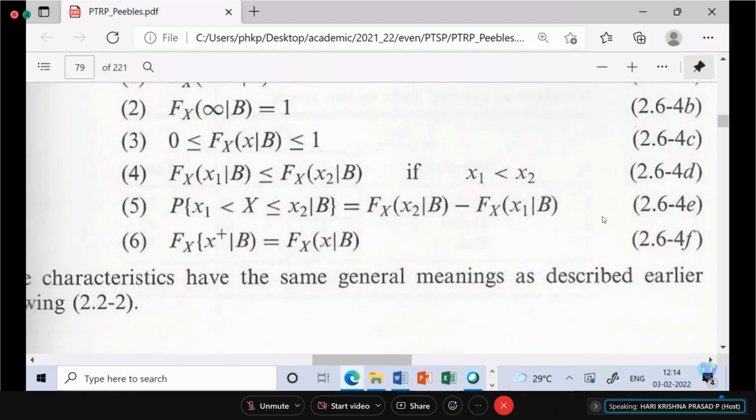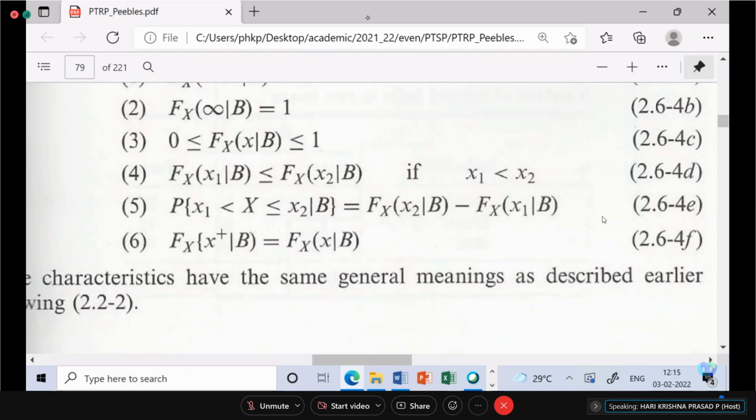When it comes to the sixth property, what it is conveying is the distribution function is continuous as you move from the right side of the variable. What does it mean? Fx of x superscript plus.